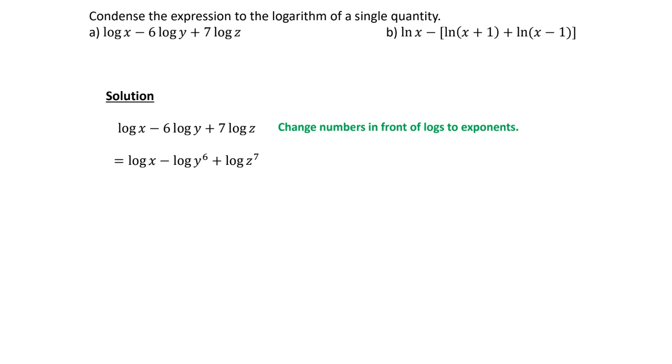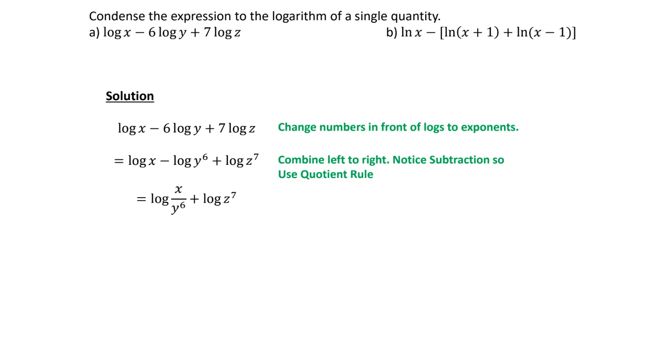Now we can continue condensing by combining left with right. For the first one, we have log x minus log base 10 of y to the 6. We use our quotient rule, giving the log base 10 of x divided by y to the 6th power.